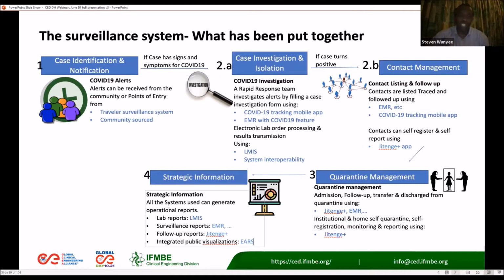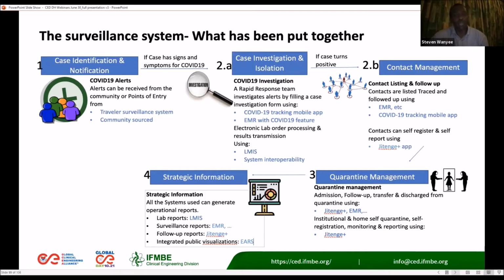The ministry has a rapid response team of surveillance officers who were using well-structured case investigation forms, and also digital health applications rapidly built around the same time. They have been refined and are still in use. Those run on mobile devices, but the ministry has also, with its partners, refined and improved electronic medical record systems to support that process.